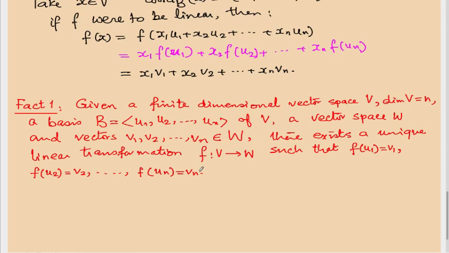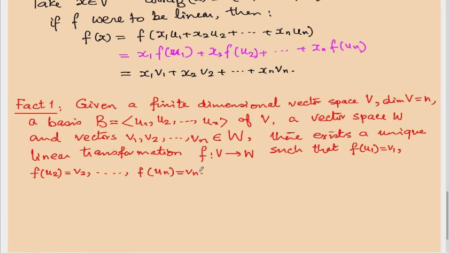Thus, in other words, how many linear transformations are there? In as many ways as you can assign these n vectors u1, u2, un to vectors of W. So it's enough to construct a function.